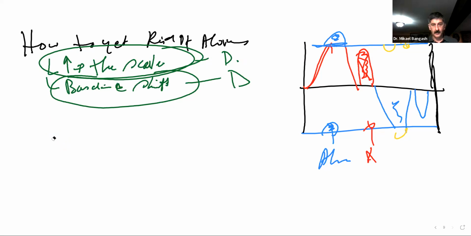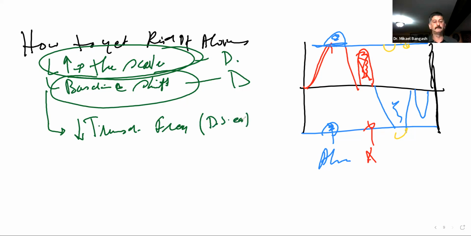The next step is to reduce the transducer's frequency. To understand how that helps us get rid of aliasing, just remember your Doppler shift equation.